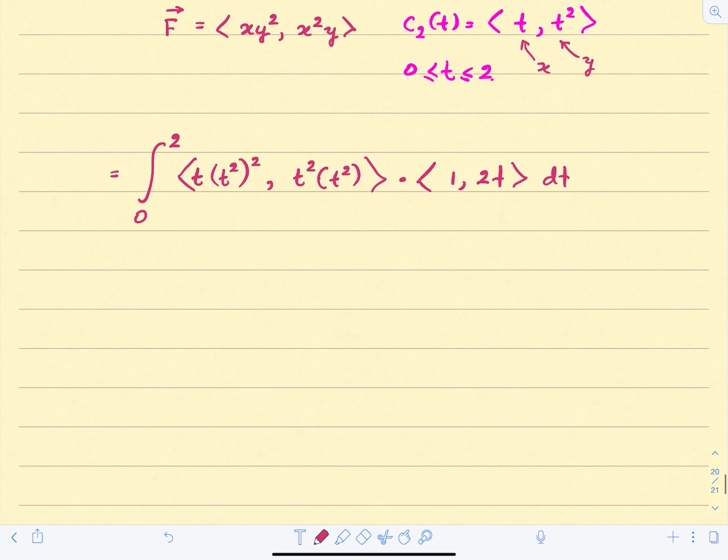Okay, let's calculate this dot product. You will get 1 times the first component, which is t to the power 4 times t, so t to the power 5, plus 2t times the second component, t to the power 4, which is 2 times t to the power 5, dt.